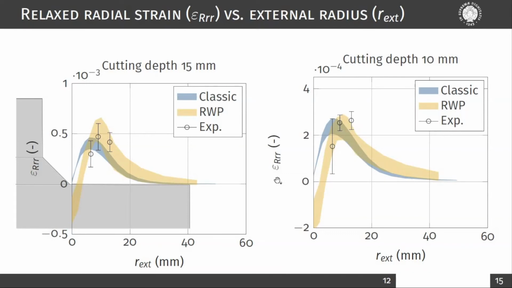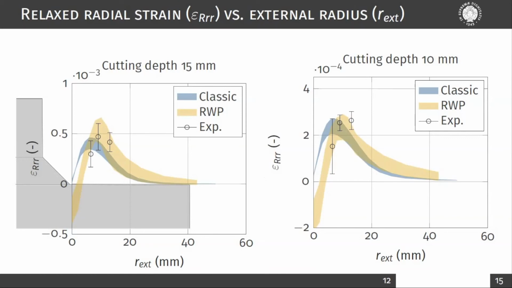For all the cases, a range has been identified in the results, both for the numerical and experimental results, collecting the relaxed radial strain data over the hoop coordinate between 0 and 360 degrees. This range, obtained in both experimental and numerical results, shows the presence of a strong hoop asymmetry in the results. For this reason, it is important to describe the process through a 3-dimensional numerical model.